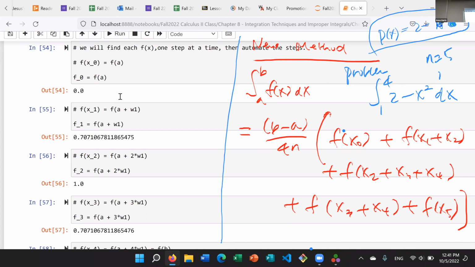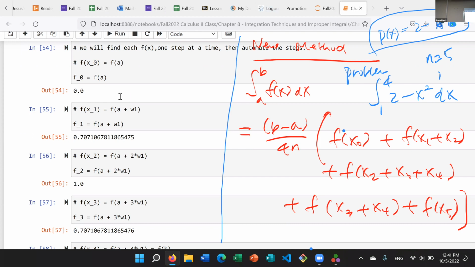So if I'm looking for, you need to do it, it's coded. You need to do what? I'm going to, I don't care, I just call it F3. Okay, F3, what would you do? Equal to what? F of what? First one would be what? A plus what? 2W.